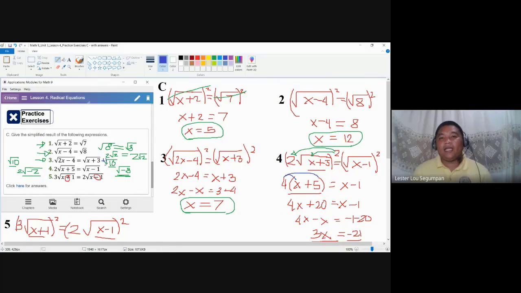You will meet quadratic equations there. But since we will concern ourselves with quadratic equations in the second grading, please observe later on that we will actually go back to an example pertaining to radical equations in the quadratic equations portion, just for reference.